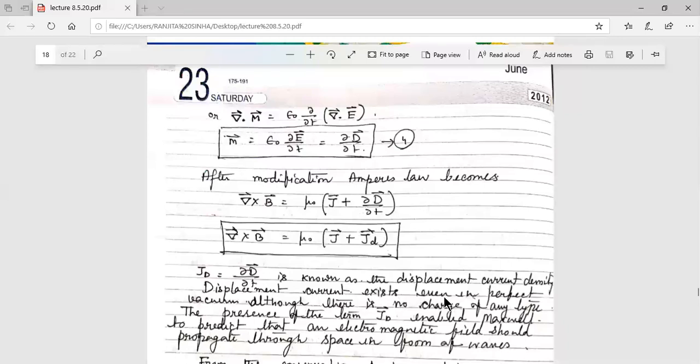Now displacement current exists even in perfect vacuum, although there is no charge of any type. The presence of the term JD enabled Maxwell to predict that an electromagnetic field should propagate through space in the form of waves.